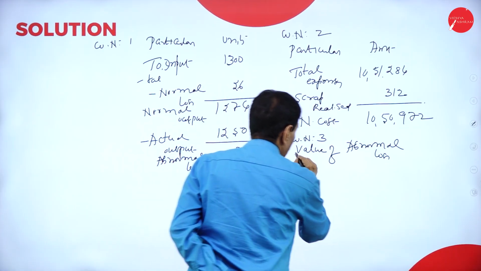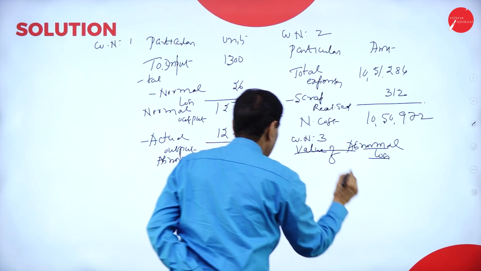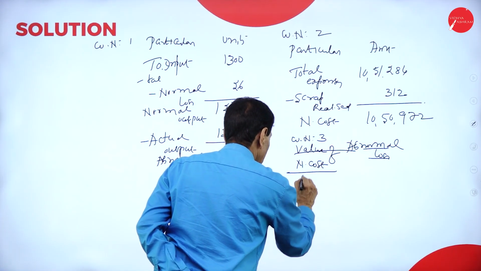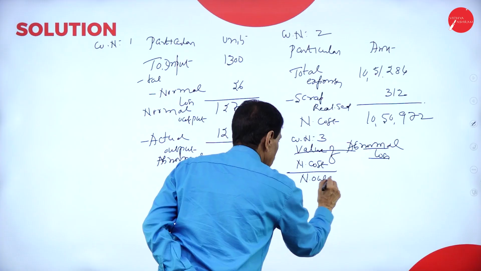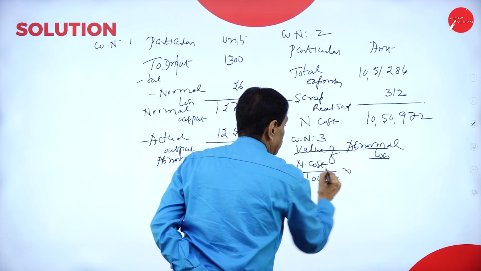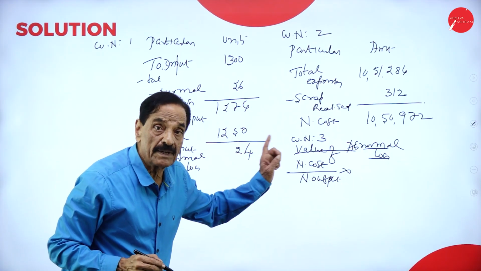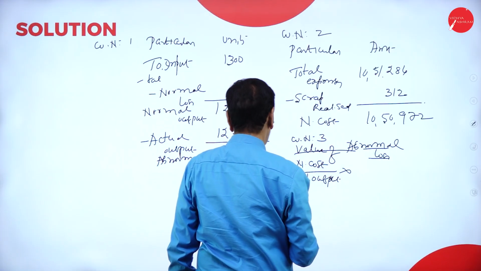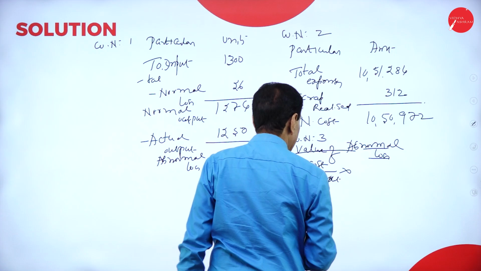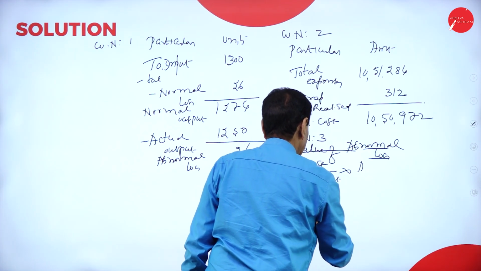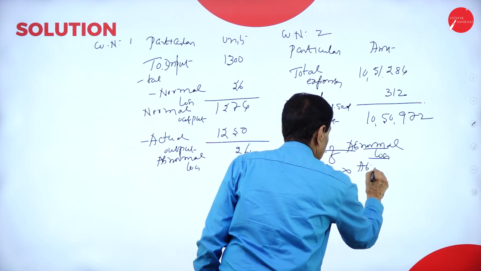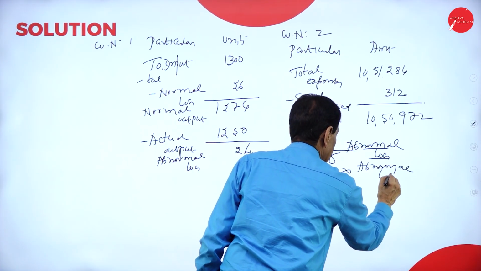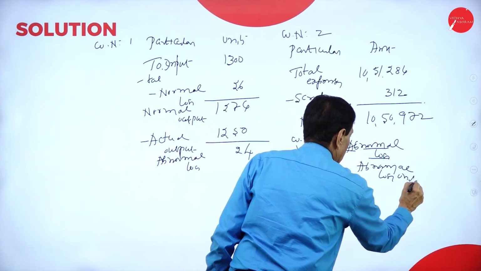Formula: value of abnormal loss equals normal cost divided by normal output multiplied by abnormal loss units. What's your abnormal loss units? Apply.